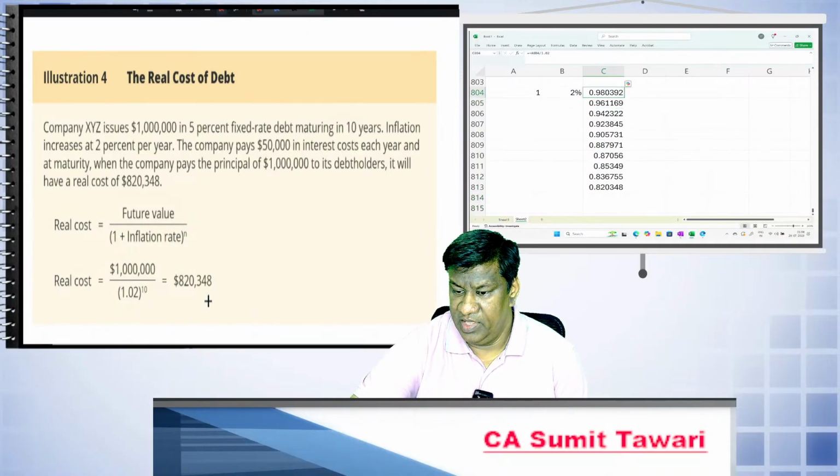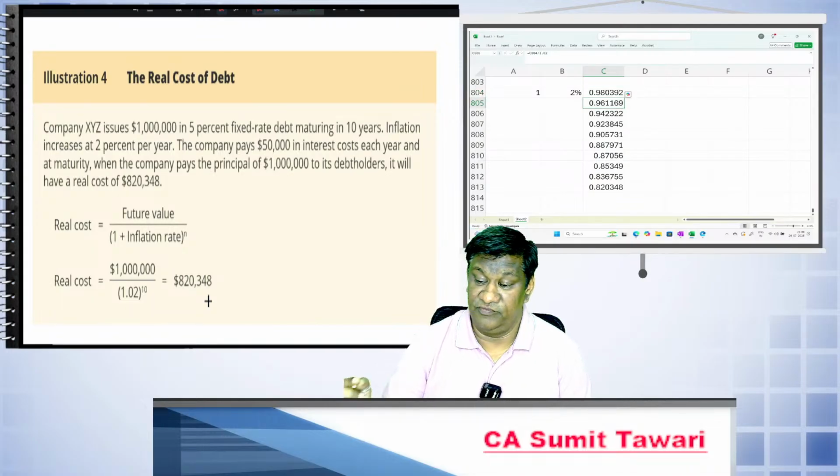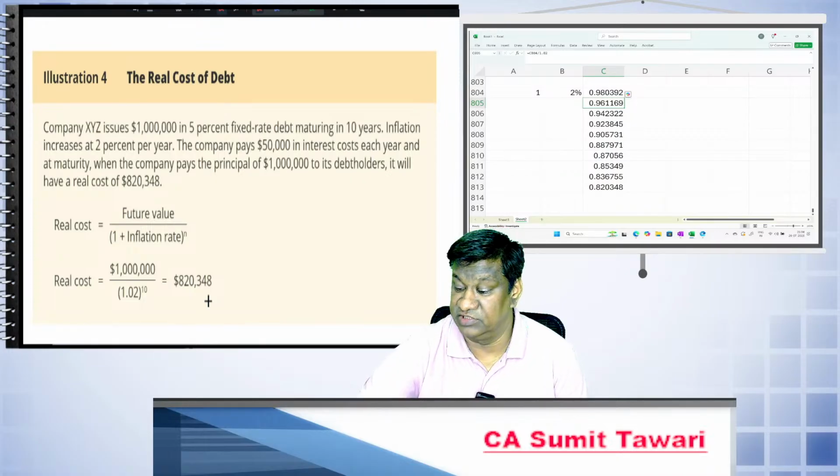So again, 1 rupee becomes 0.98 after 1 year if I consider the 2% discount rate, and after 2 years it is 0.96, meaning every year we are dividing it by 102%. We consider 1 as 100, but now the value after 1 year is 102.